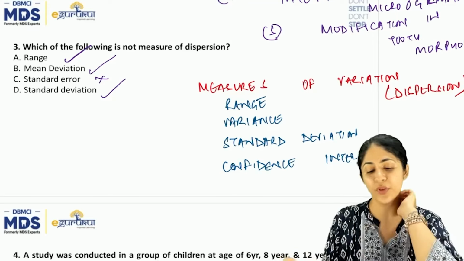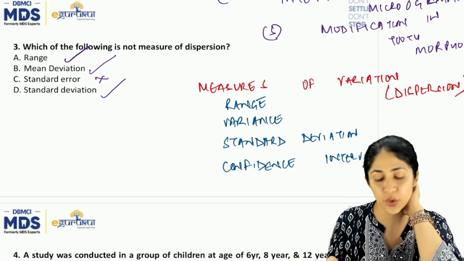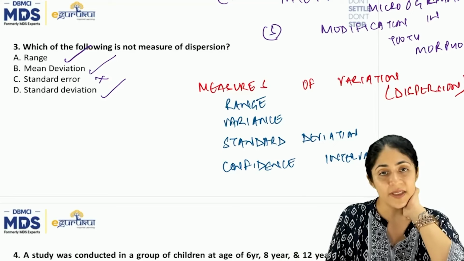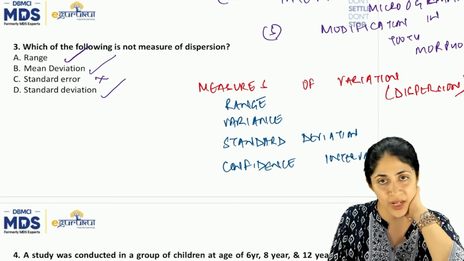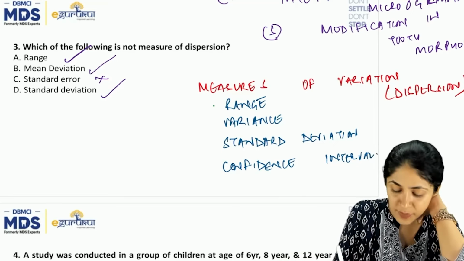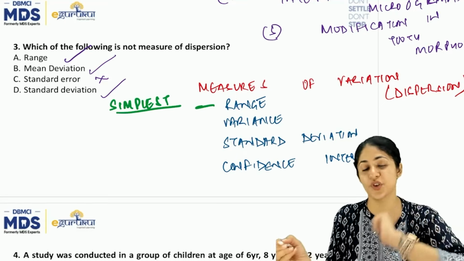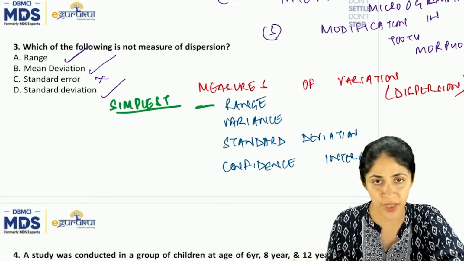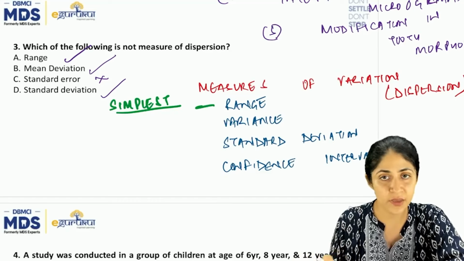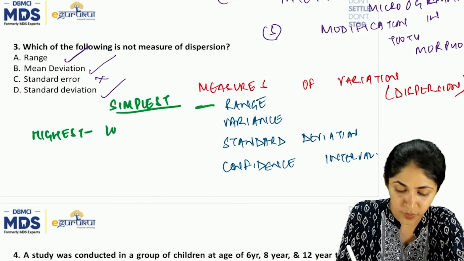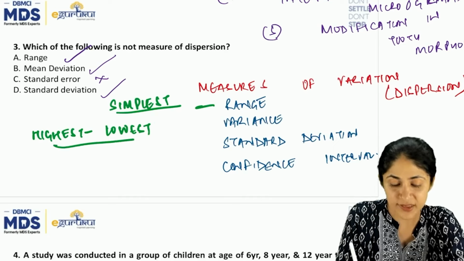Now about the range, I'll give you some more tips on this. Range is known as the simplest measure. When you get a question asking which is the simplest measure of dispersion, you would say it is the range. Range is the difference between the highest and the lowest. That is the range.